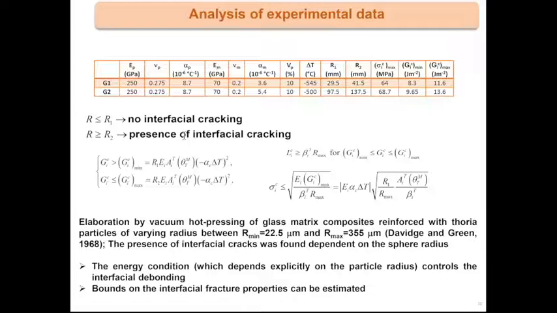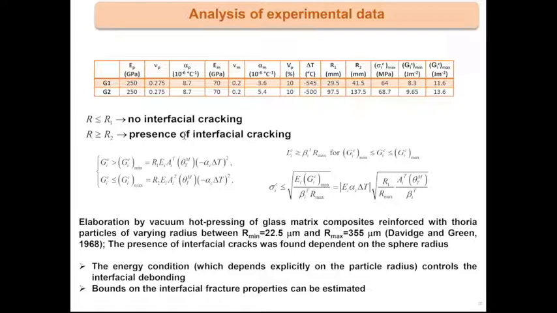You can use it. You assume that everything seems driven by the radius, so you consider that the energy condition is driving. You write the energy condition: in this case, no cracking, and in this case, always cracking. And you are able to derive some bounds on the fracture energy.